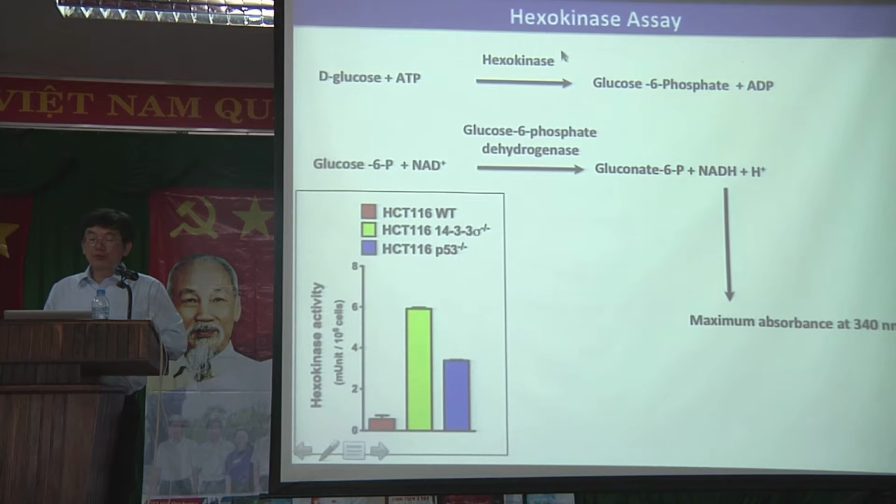So to measure hexokinase activity, there's also a methodology using absorbance. And this is a coupled reaction method. If you look at this reaction, the glucose with ATP generates the products glucose 6-phosphate and ADP.